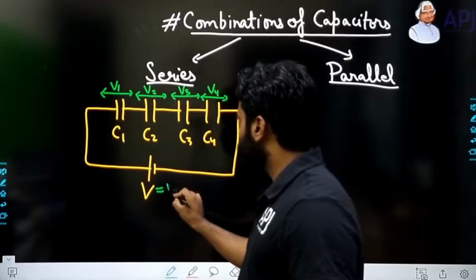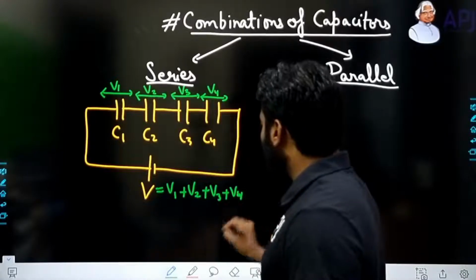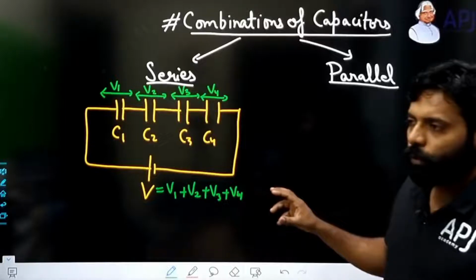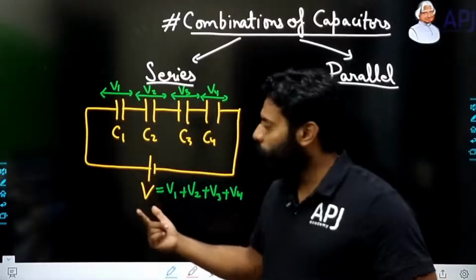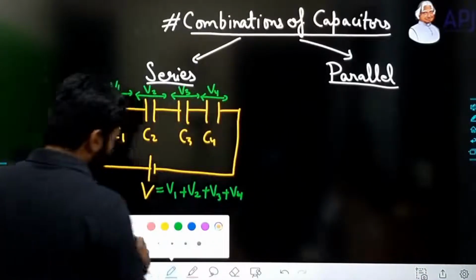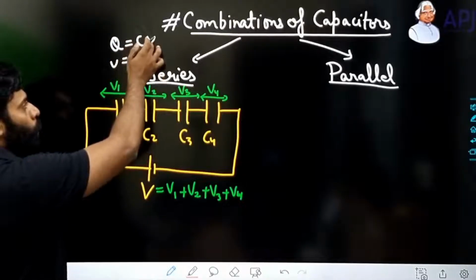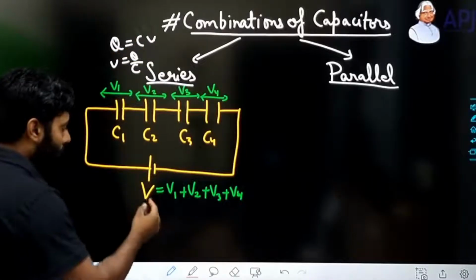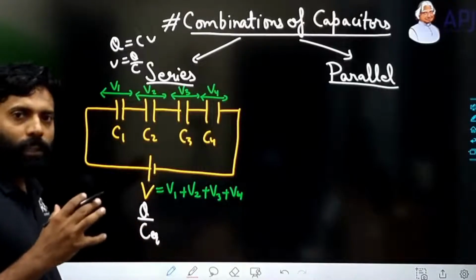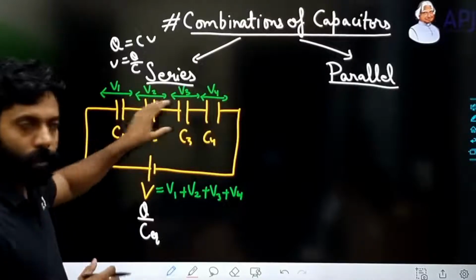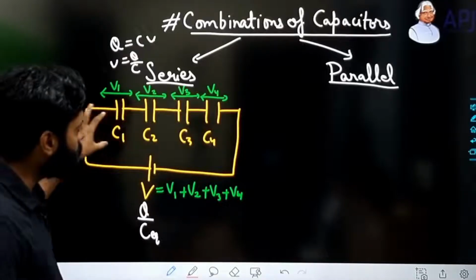So V is equals to V1 plus V2 plus V3 plus V4, because the voltage is divided, and those things which are getting divided, you have to add them up so that you can come up to the final values, right? And we know that Q is equals to CV. So from here I can say that V is equals to Q by C. So Q by C, C is the equivalent here, and Q means the charge which is flowing through this circuit, and all these capacitors will have the same charge because these are connected in series.